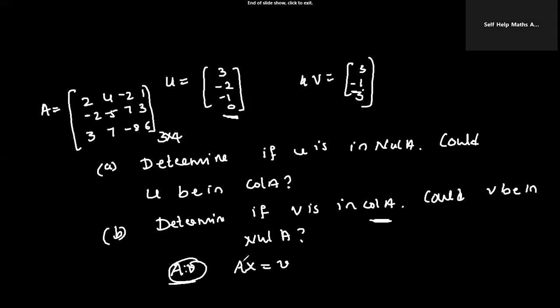When I multiply the given matrix A with some vector x, I should get v; then I can say that v is in Col A. So you need to check A augmented with v and find out whether you get a solution, that is, whether the system is consistent. If so, then v is in Col A. The second question is a little tricky: could v be in Null A? Just look at the order of v and decide whether it can be in Null A or not. If yes, how? If no, why? Give me both answers in the comments.